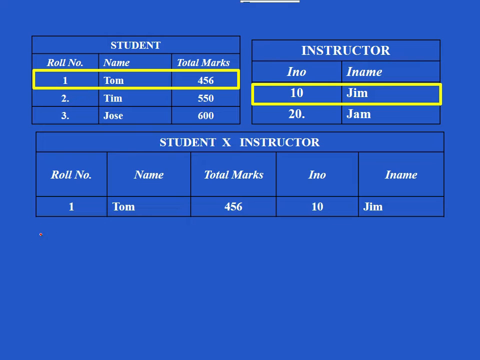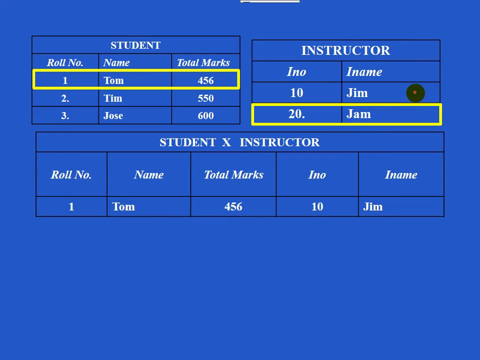Similarly, how do you get the second tuple of the resultant relation? The first tuple of the first relation should be concatenated with the second tuple of the second relation. So when these two tuples are concatenated, placed together, you will get the second tuple. Again, how do you get the third tuple?